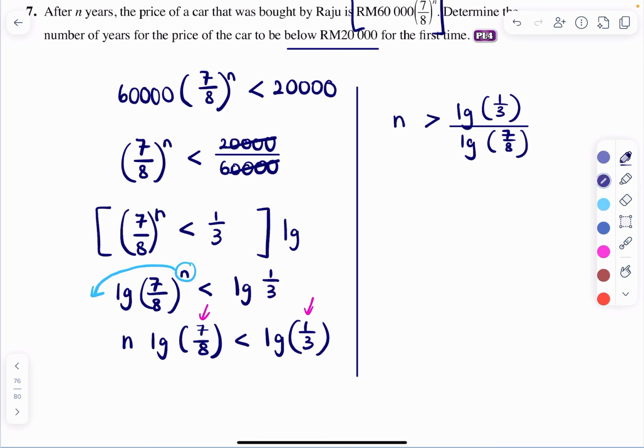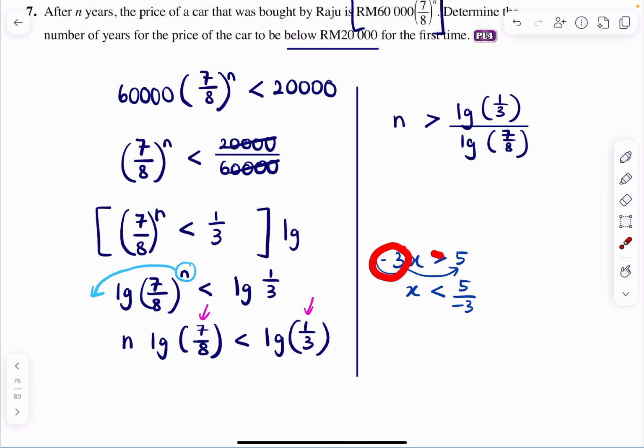Usually when you do any calculation, let's say negative 3x is more than 5, when you make x the subject, where you are dividing by negative 3, you must change the symbol. Whenever we divide by a negative value, the symbol has to flip. So here same thing, don't forget to switch.